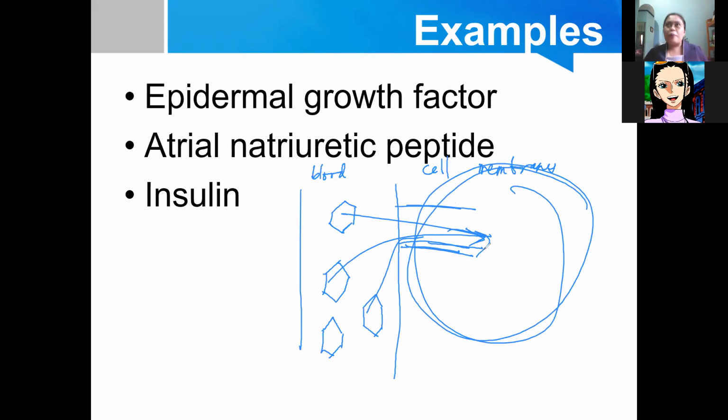Kailangan jud na siya ma-open kay remember, glucose is a big molecule. Dili na siya basta-basta na mag-undergo og passive diffusion. So, kailangan si insulin mag-bind sa iyang receptor, ma-activate si tyrosine kinase para ang atuang mga glucose musulod sa cell.